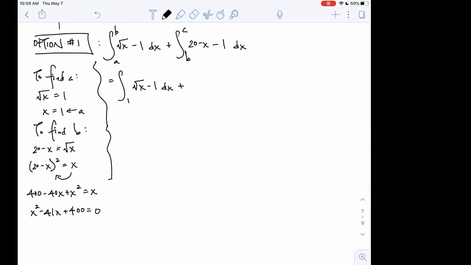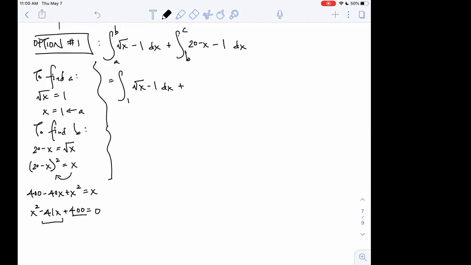So from here, we would have to factor and see what we get. Now, if you wanted to factor, you would have to find numbers that multiply to make 400, but also add or subtract to make 41.